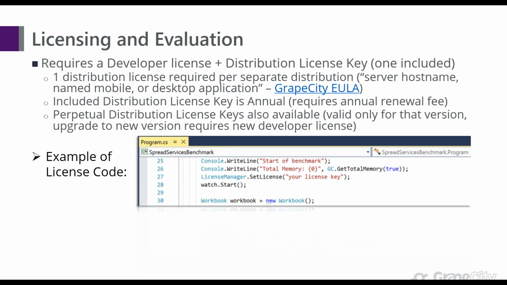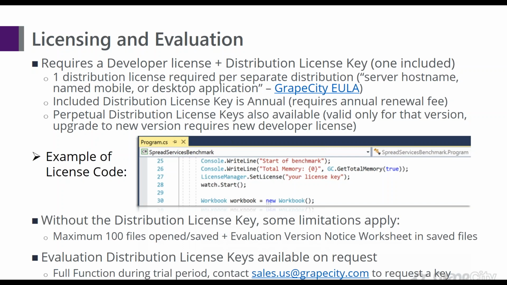Now, you saw in some of the demos that I showed that there was an evaluation splash sheet added in the workbooks that are saved. That's what happens if you don't have a distribution license key, or if you're using an evaluation version license key.